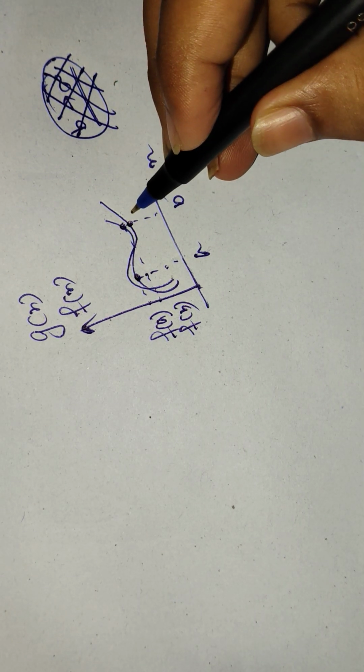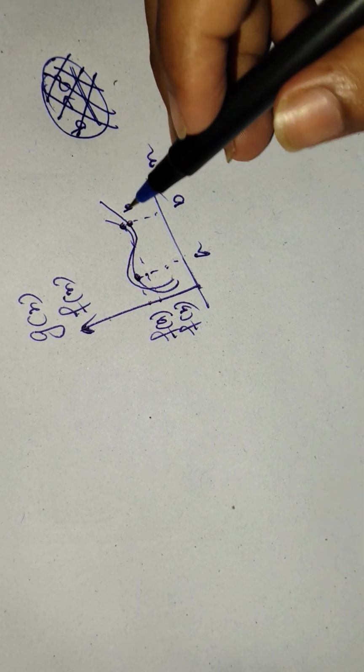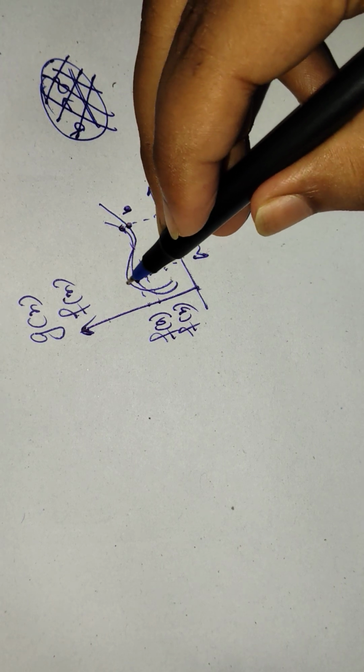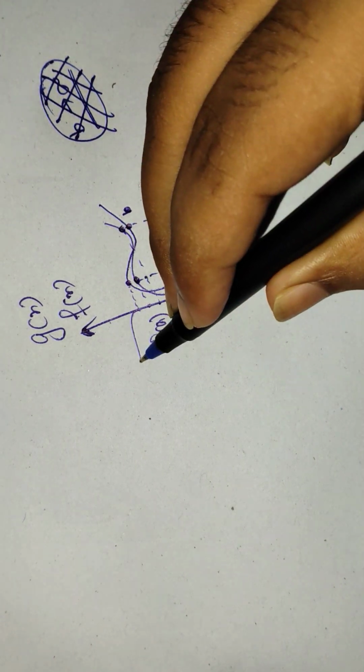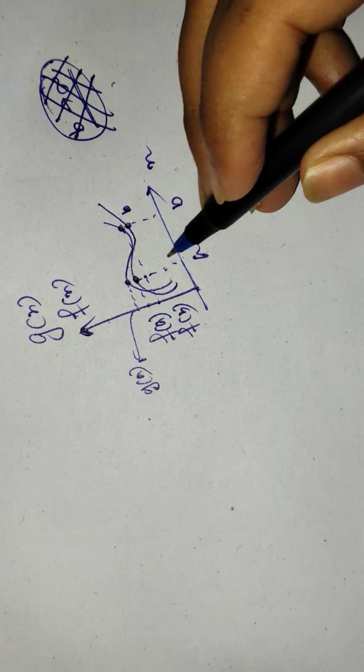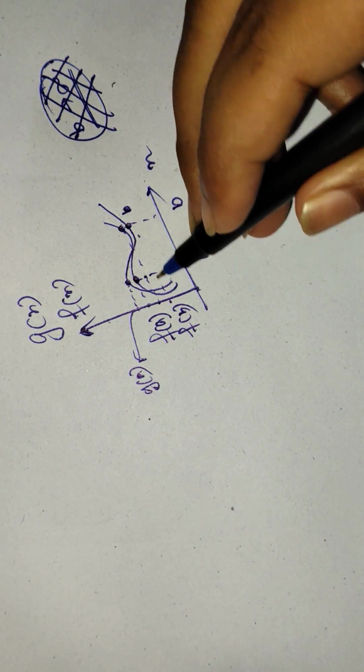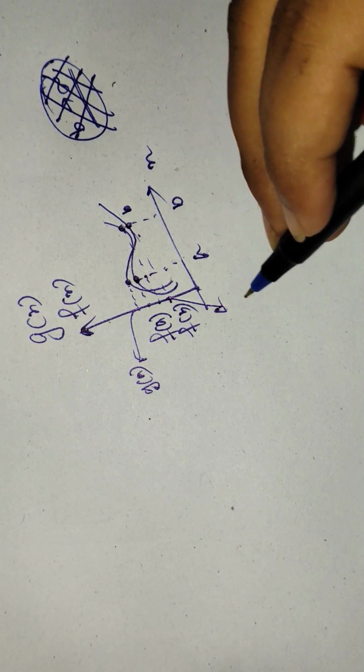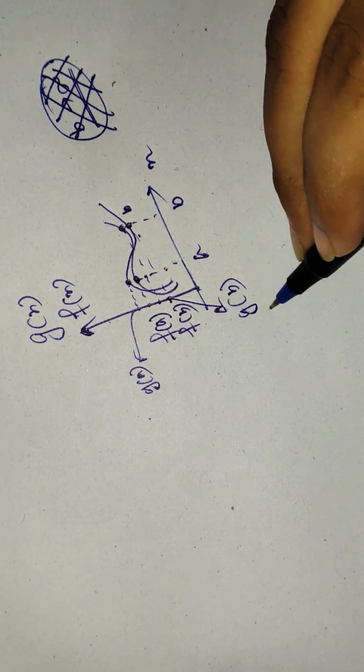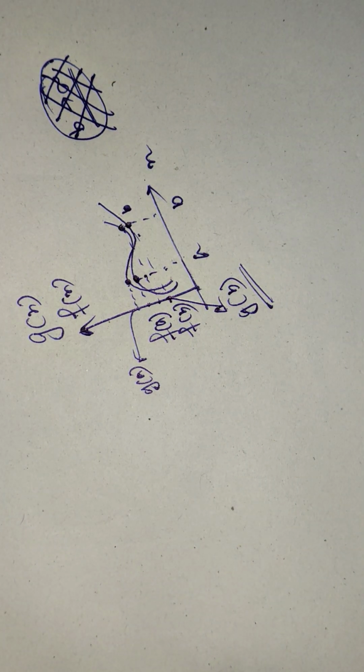This is the point of b, and this is the point of a. So basically this is g of a, and you can see this point is g of b. So basically gx is the neighborhood function which looks almost similar to fx.